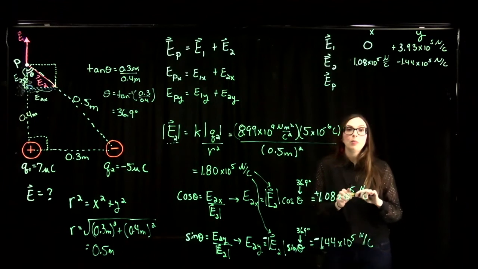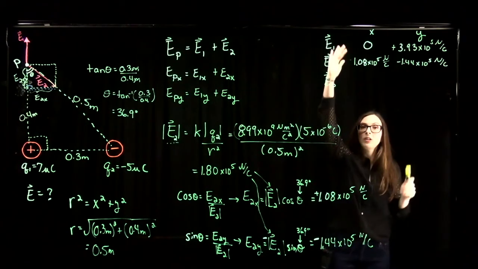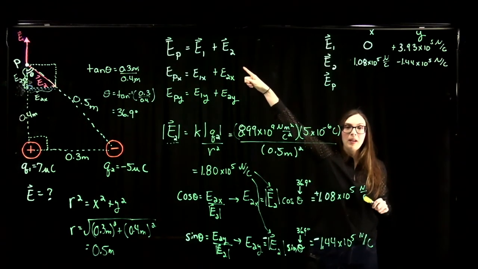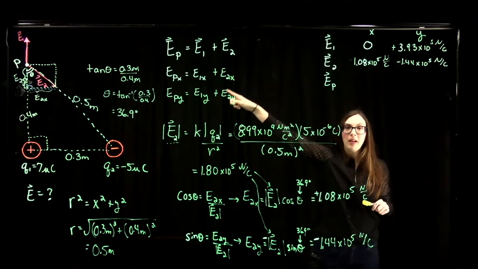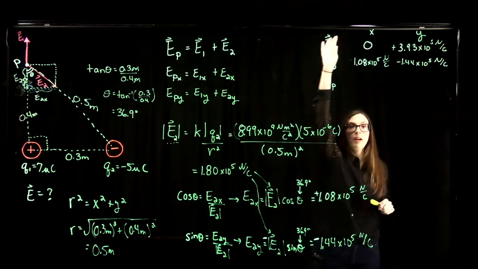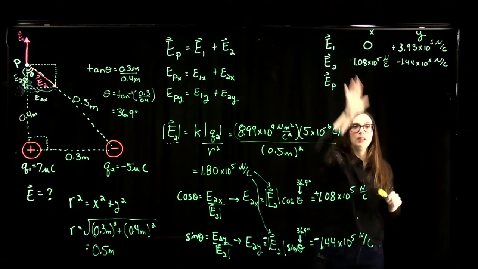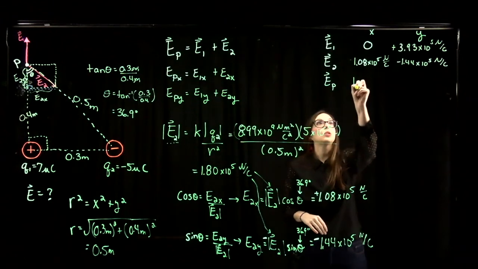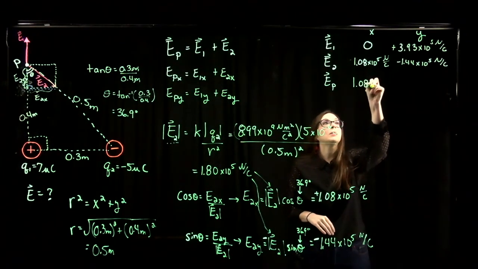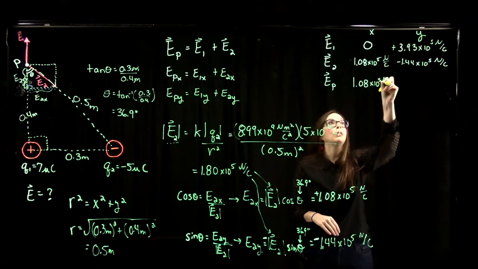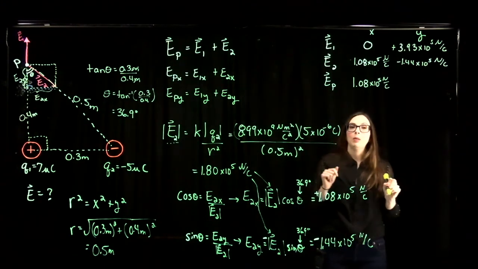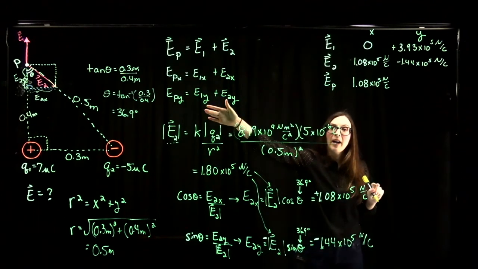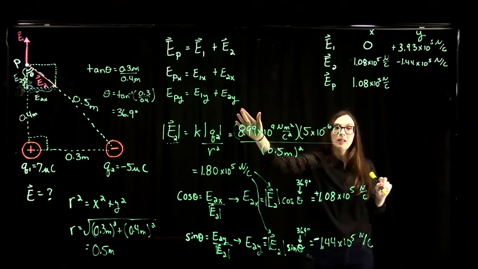And actually, with the way we have this table set up, we can just add straight down. Because our electric field at point P, the x component is E1x plus E2x. So that's these two components added together. So the x component of EP is just 1.08 times 10 to the 5 Newton per Coulomb. The y component of our electric field at point P is going to be the sum of the y components from E1 and E2.